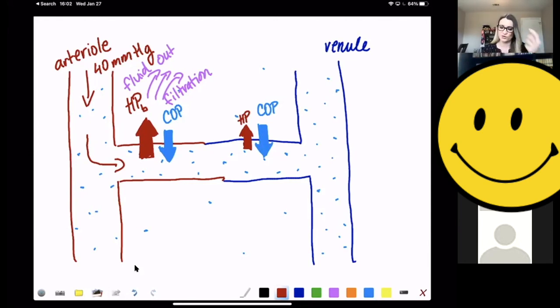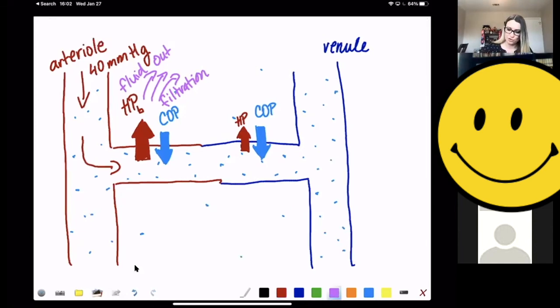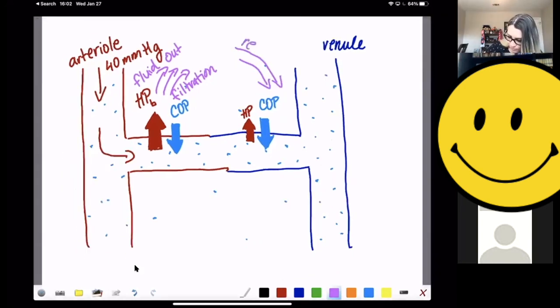What that's going to do is make the pull of the water into the capillary stronger than the push out, and that's going to promote a reabsorption of the fluid back in. So this is known as reabsorption.